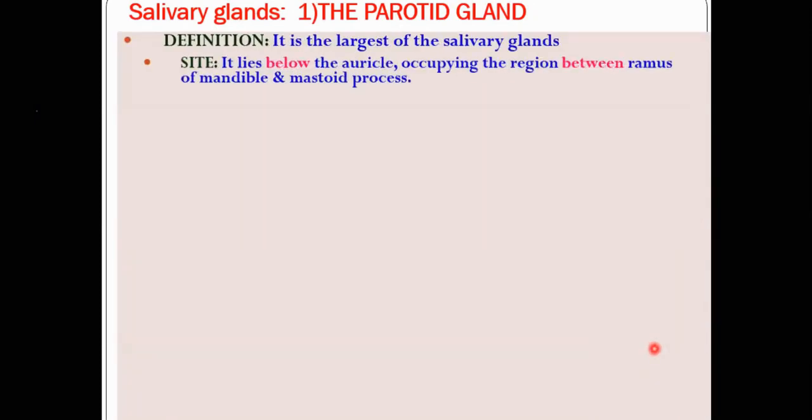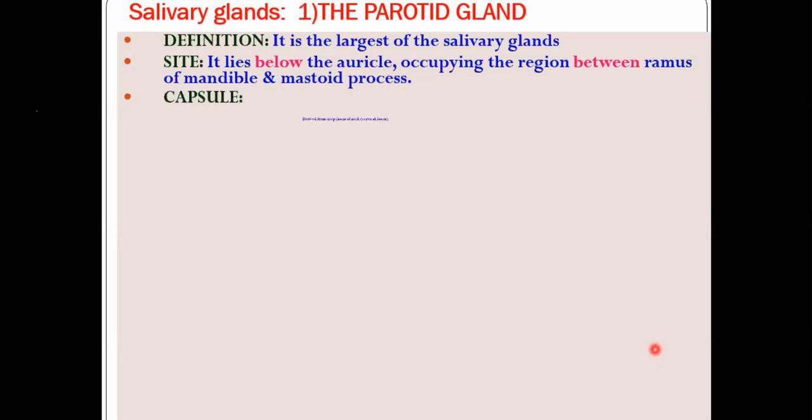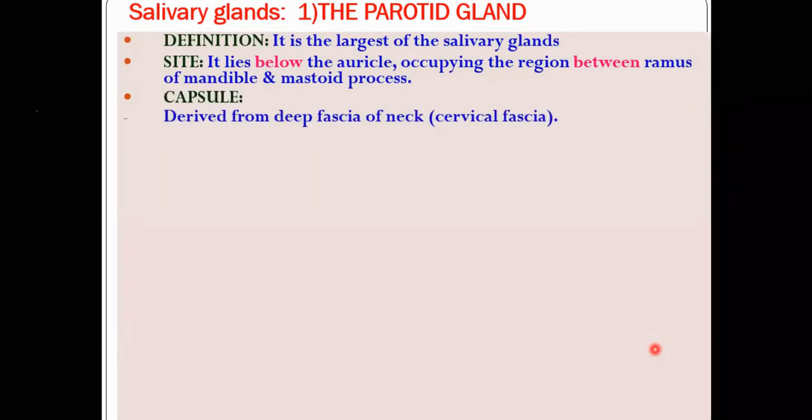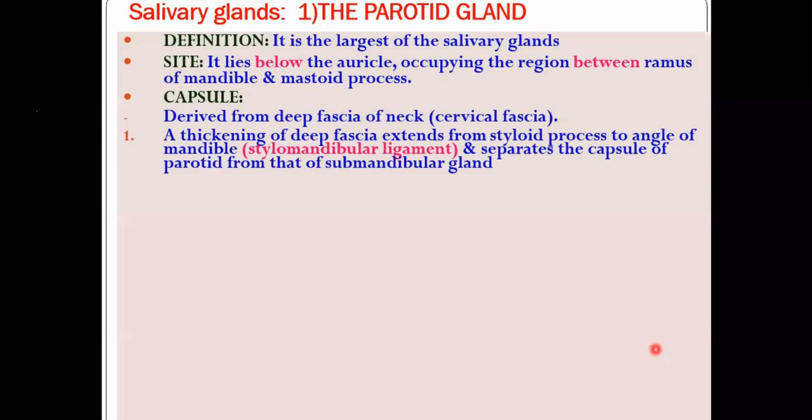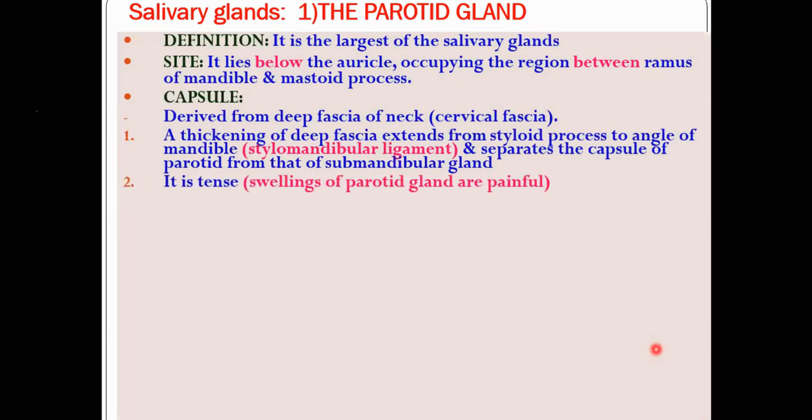Okay, now we have salivary glands. Salivary glands are the glands which produce saliva, and all saliva comes into the oral cavity proper, and that is going to help in your mastication. So number one, the parotid gland, which is the largest gland present outside.